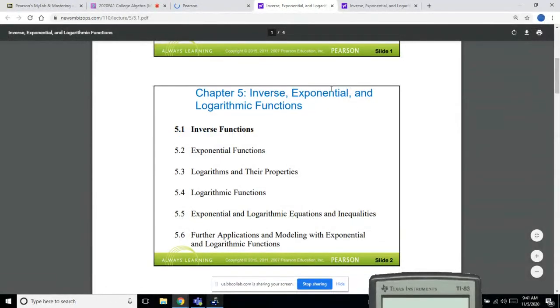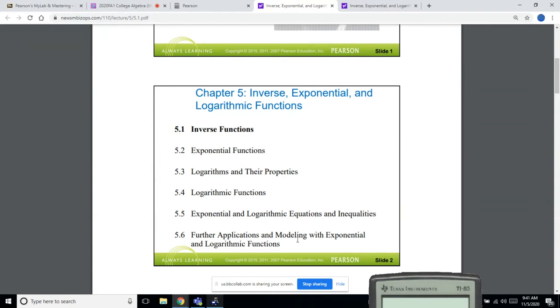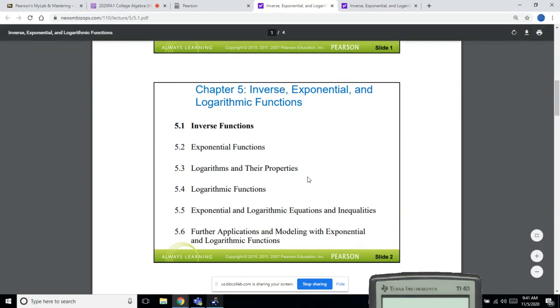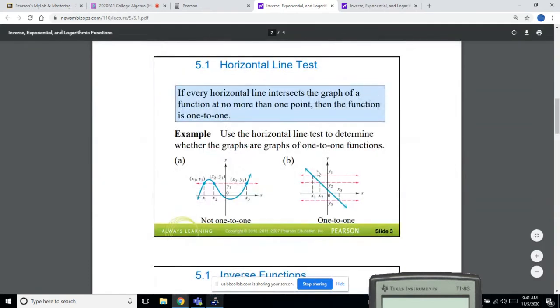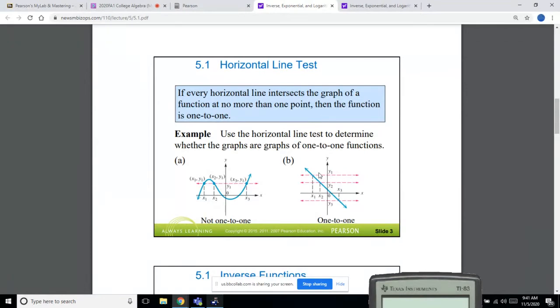All right, and we're going to take a look at section 5.1, which is inverse functions. And when we talk about inverse functions, first we'll talk about inverse functions in relationship to graphs.